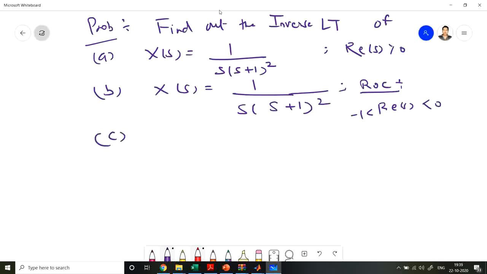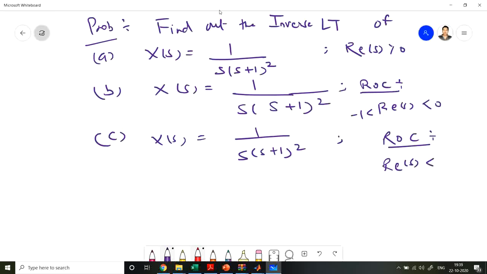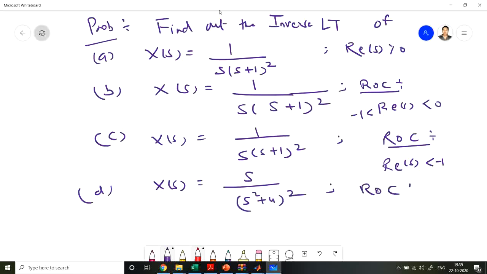Third part is X(s) equals 1 divided by (s plus 1) whole square, and the ROC is provided, that is real part of s less than -1. And the last part is X(s) equals s divided by (s square plus 4) whole square, and the ROC is provided, that is real part of s greater than 0.